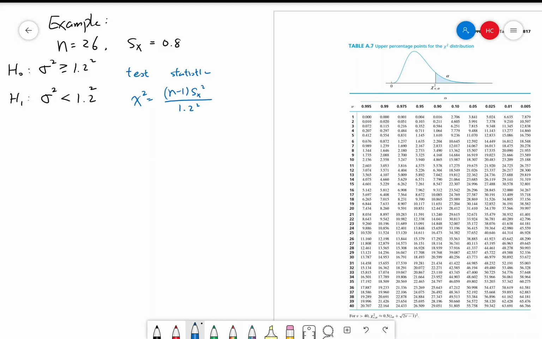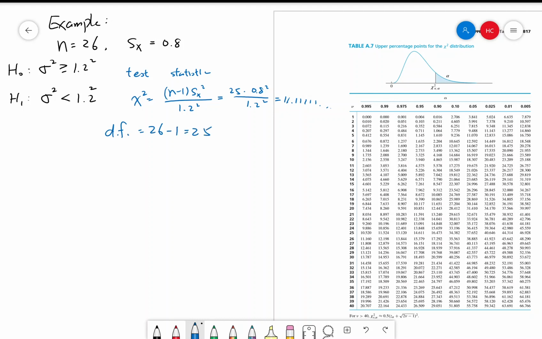So if we put everything into the calculator, this is equal to 25 times 0.8 squared over 1.2 squared, which is 11.11111. It does not stop. And the degree of freedom is 26 minus 1, which is 25.